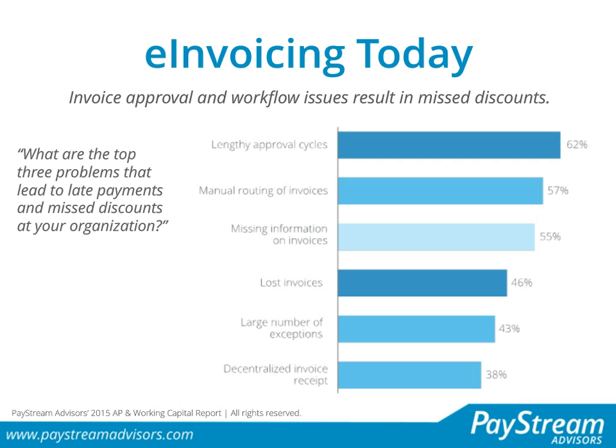The longer those cycles take, the more time-consuming it is, so the more staff they have to allocate to this process. And the other impact is the inability to capture those early pay discounts, as you mentioned. So if typical prompt pay discount terms are something like 2% 10, those elongated invoice approval cycles of 20, 30, 40 days or more really preclude that organization from being able to capture that savings opportunity in the form of early pay discounts.